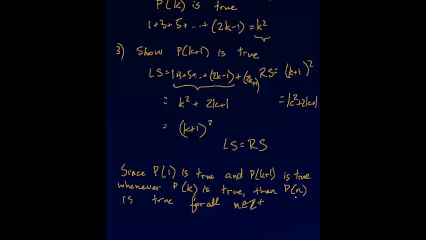So just to recall, Pn says the sum of the odd numbers is equal to a perfect square. So we've proven that with induction.